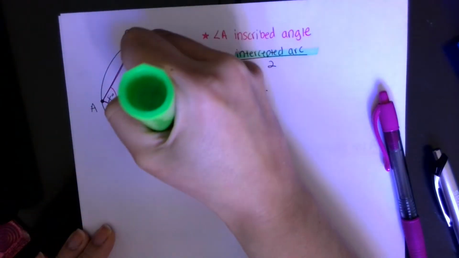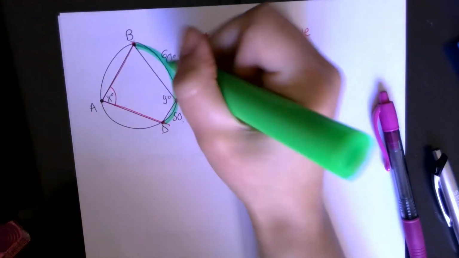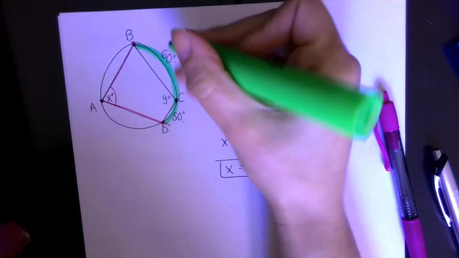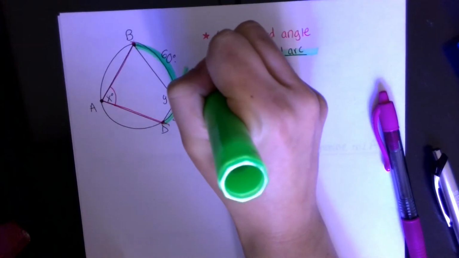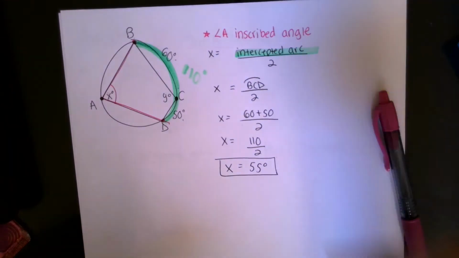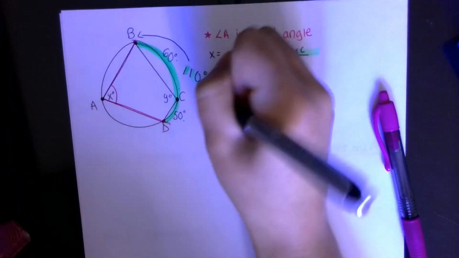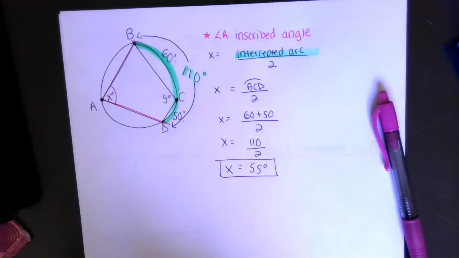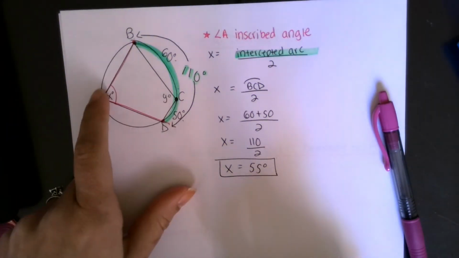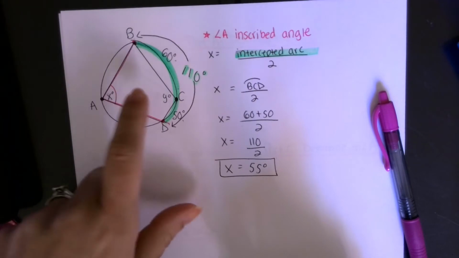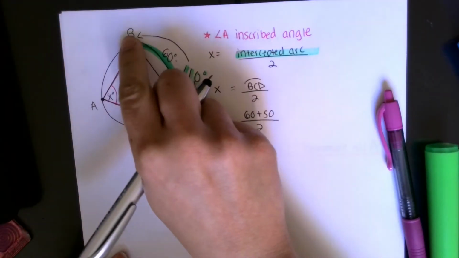We added it up and this whole arc was 110 degrees. If I want to do the same thing, find half of the arc to get angle Y, I want to know the intercepted arc for angle Y.